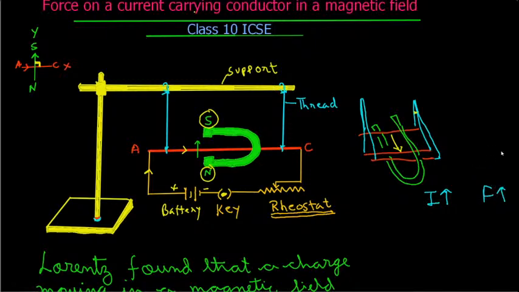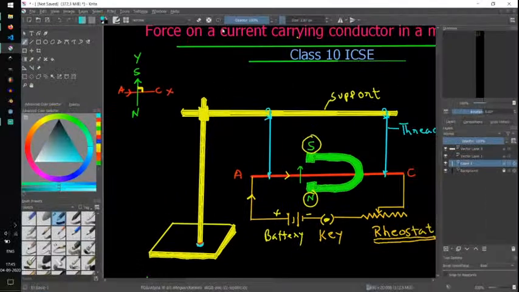Okay, next what I do is I reverse the battery. I change the direction. Let me erase this and change the direction. So I remove this positive from here and I put in a negative over there.